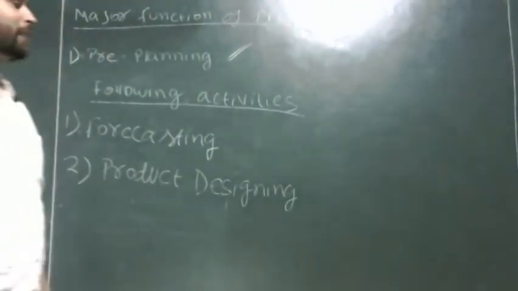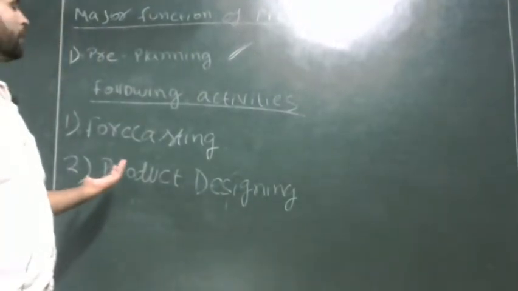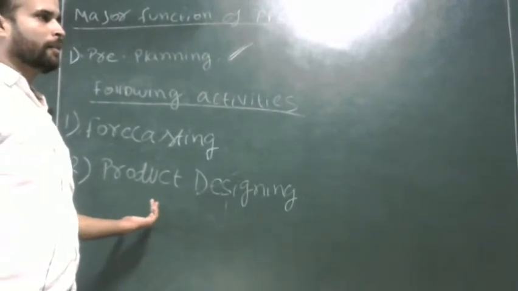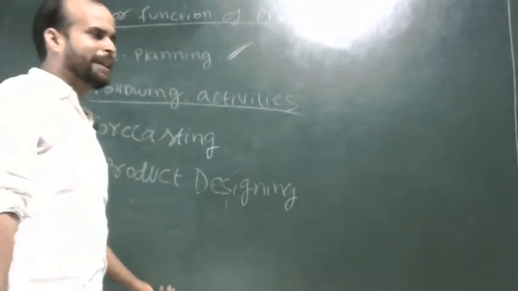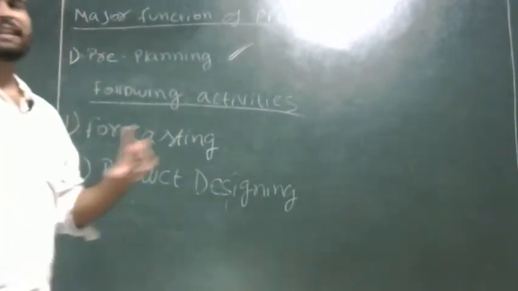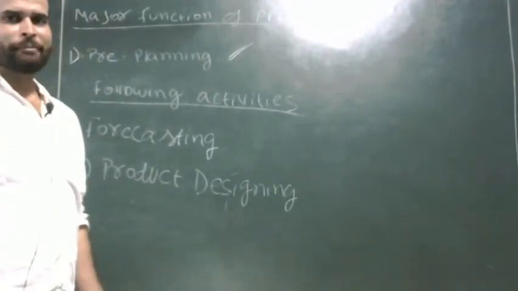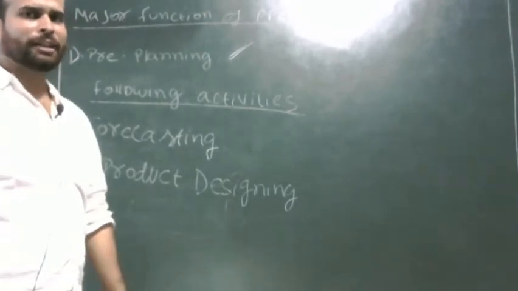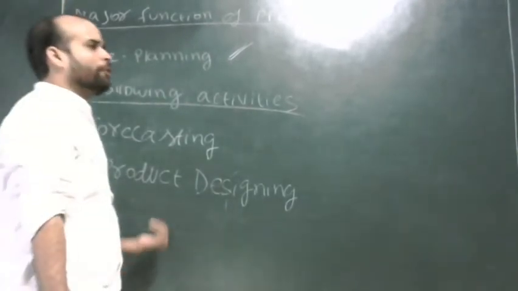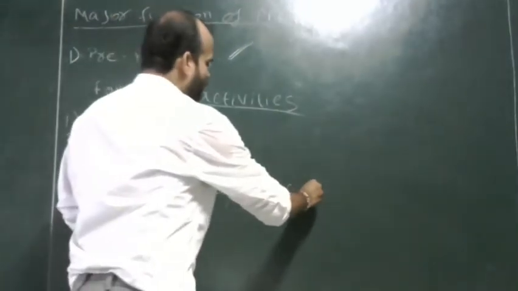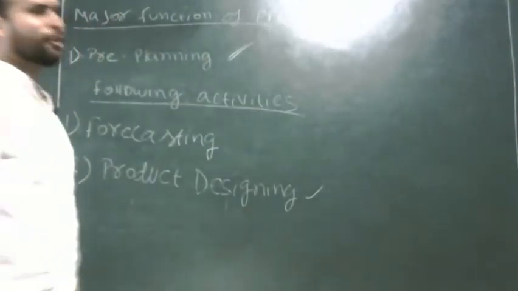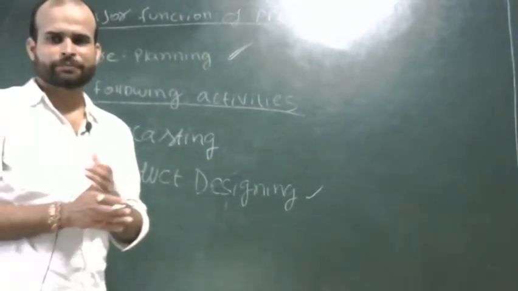Suppose there is a forecast of making a special type of mobile phone that may be new for the customer, then you are going to redesign or design the product according to your forecasting.